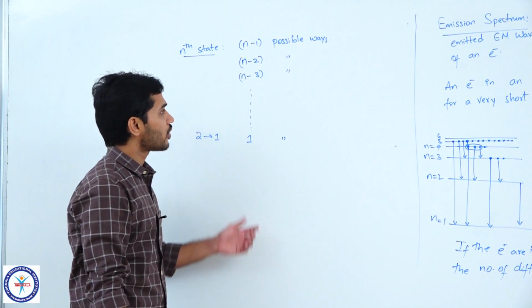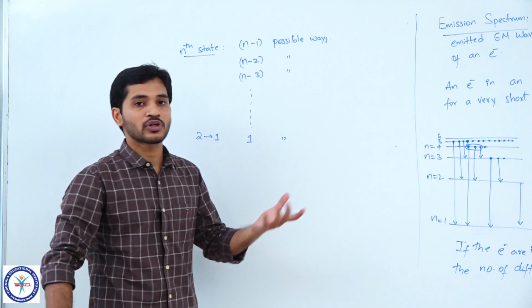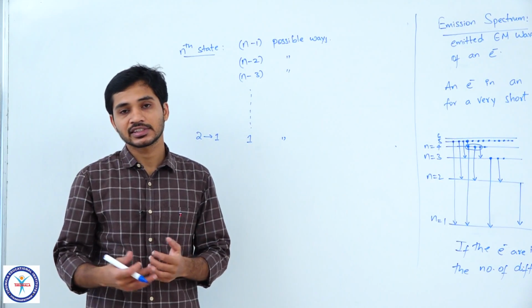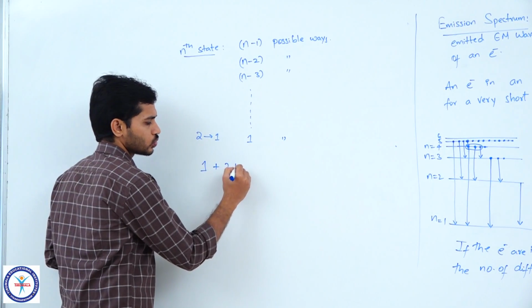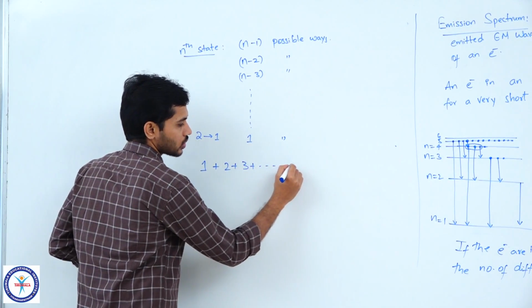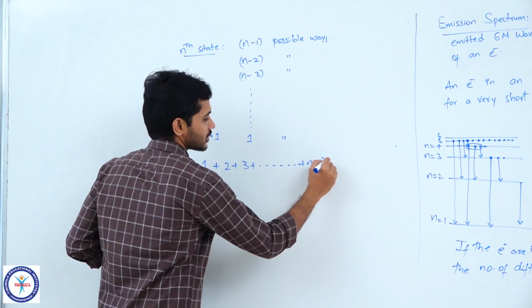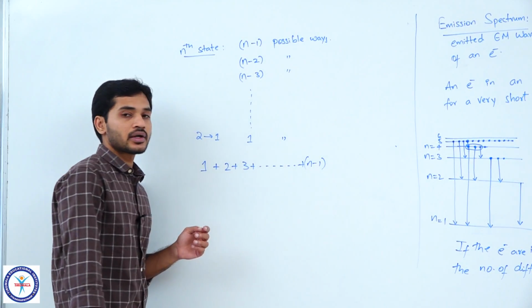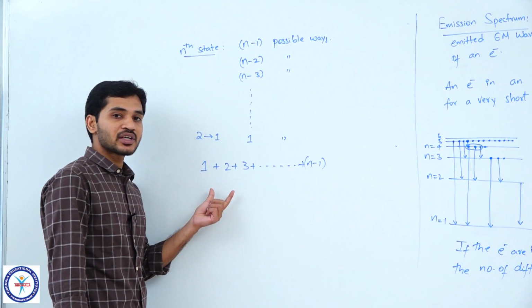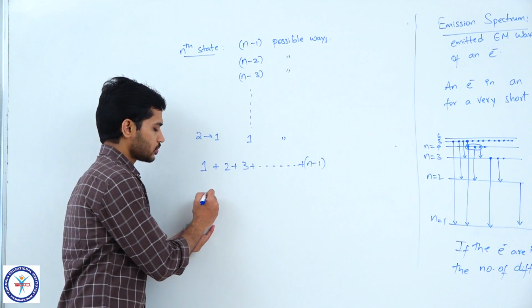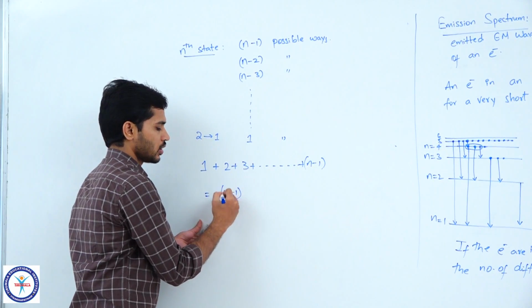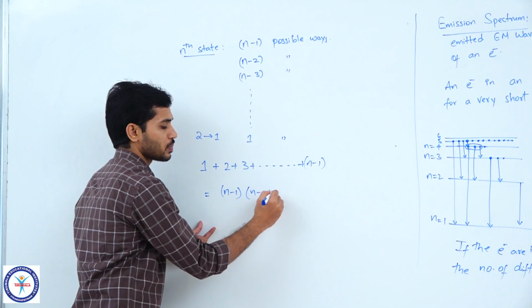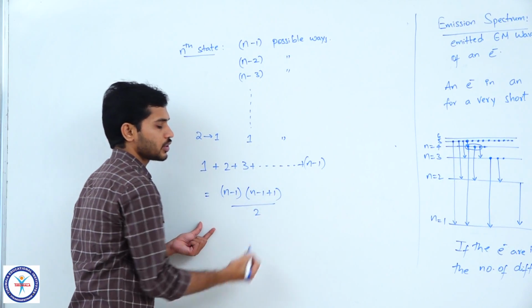When I add all these to find the total number of possible transitions, I will get a series like this: 1 plus 2 plus 3 plus so on plus n minus 1. I guess you are all aware of how to find the sum of this series. We can directly write it as n minus 1 into n minus 1 plus 1 divided by 2.